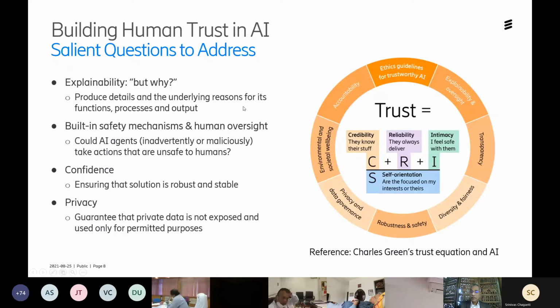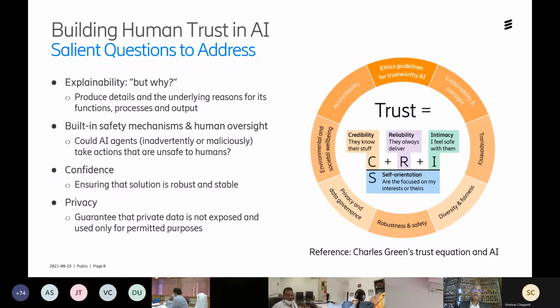And with that in mind, we need to answer questions. I think we heard from the previous presenter a little bit about explainability, questions like, but why? Can you give me details and the underlying reasons of what you are finding? Then second kind of questions will be, are safety mechanisms and human oversight built in already?